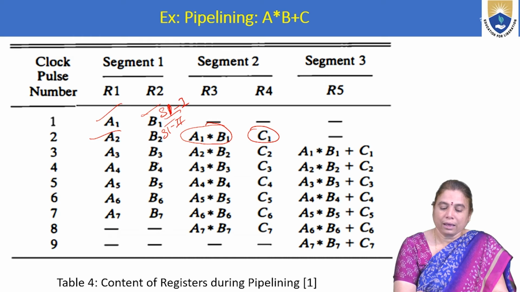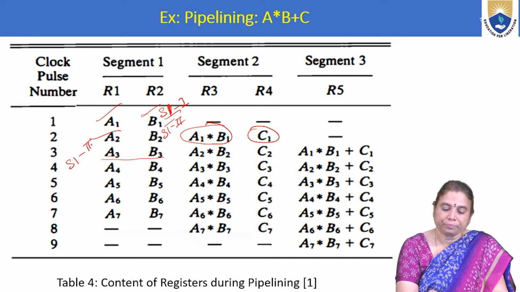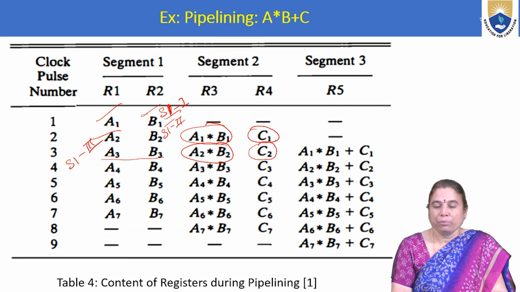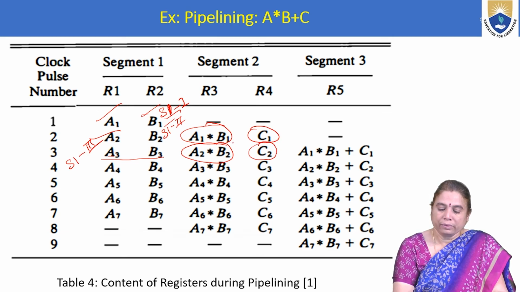And in the third clock pulse, the third values of A, B are loaded to R1 and R2 in segment 1. So this is segment 1 of the third instruction. And here the second instruction moved to segment 2 where multiplication and also the C2 input can be done. So this is segment 2 of the second instruction.